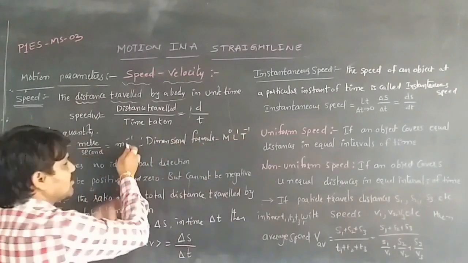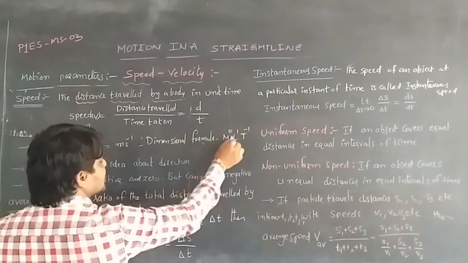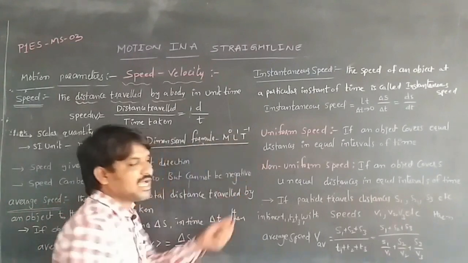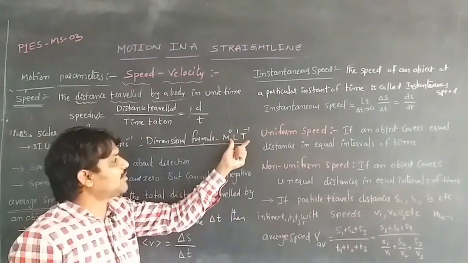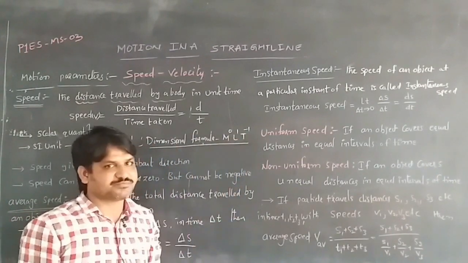There is no mass, so M power 0. The dimensional formula is M power 0, L power 1, T power minus 1.